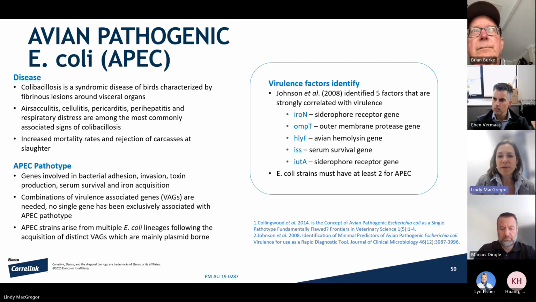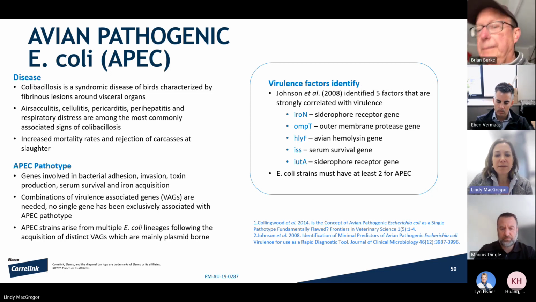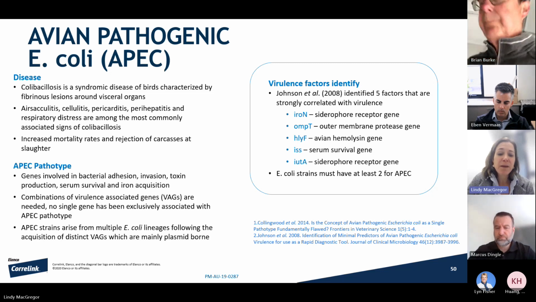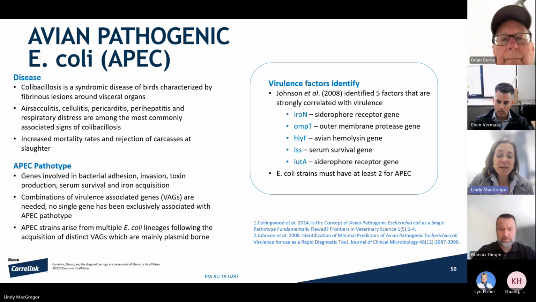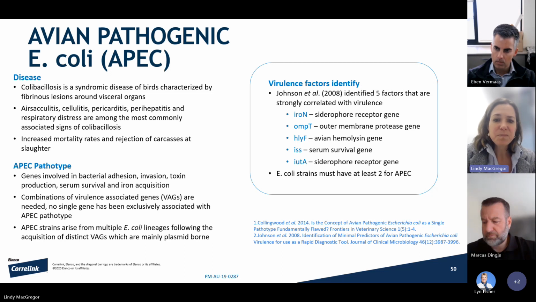Now, just quickly, to understand how does the laboratory distinguish between the normal E. coli that are isolated out of the broiler guts and the pathogenic E. coli. There's a very good paper by Johnson et al., which I can share with you as well, and they talk about these virulence factors, which are encoded by genes in the E. coli organisms themselves.